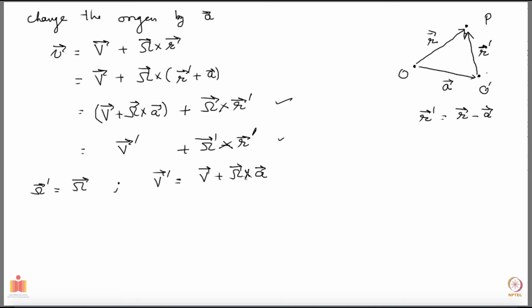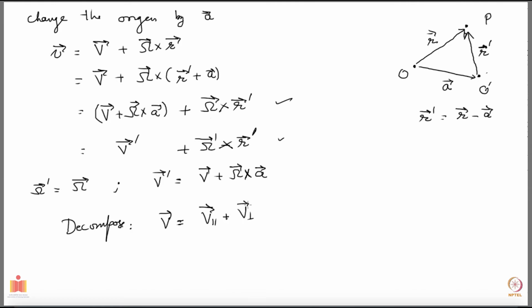Okay, so if you decompose V into a perpendicular and a parallel component, let me write it down, it will be clear. So let's decompose V as V parallel, and by parallel I mean parallel to omega, so the direction of your rotation axis, and then V perpendicular.